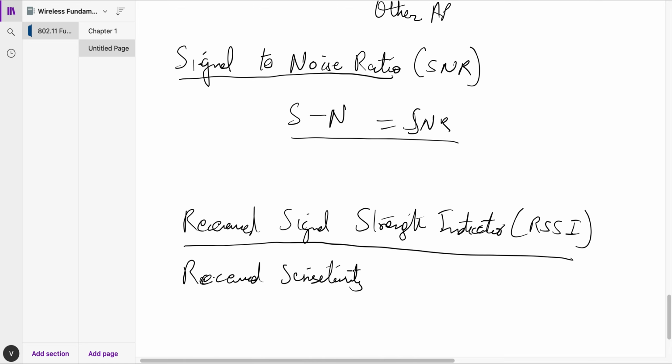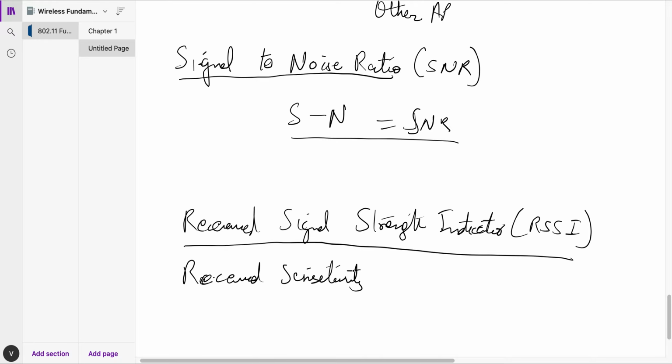Now, what it means is, what is the minimum value of signal I need to receive for me to be able to decode that properly and understand what you were trying to tell me? Okay. The power level at which I need to minimum receive the signal for me to be able to comprehend you properly. That's called sensitivity.